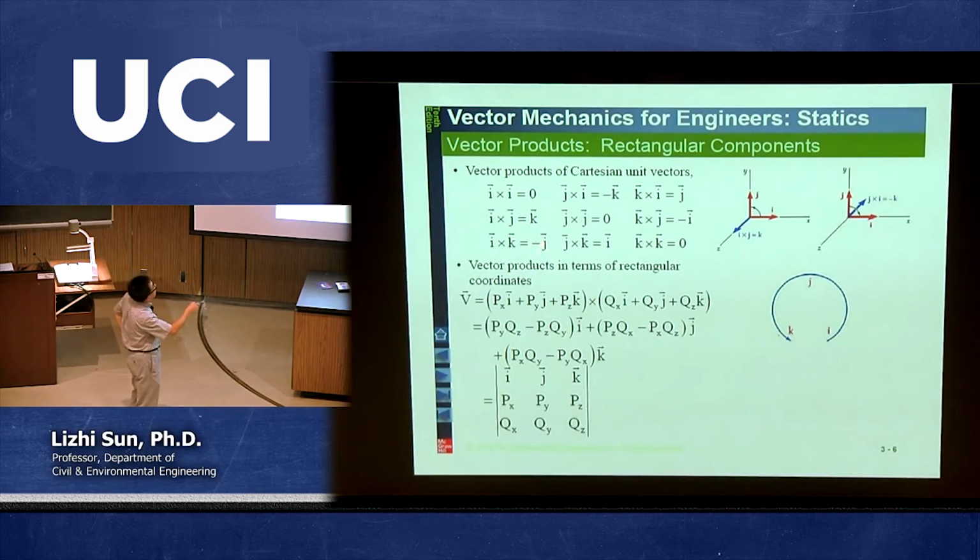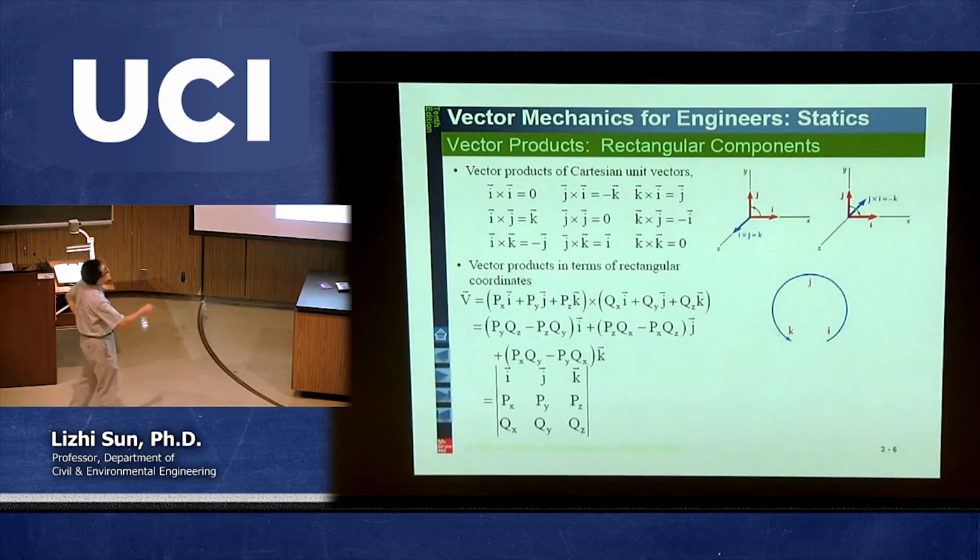So negative j shows the direction, and then times 1. You don't have to write 1 times this, since 1 times anything equals itself. So basically, i cross k equals negative j. If you can follow this one, then basically you can get these. These are important equations for dealing with any cross product between two vectors.